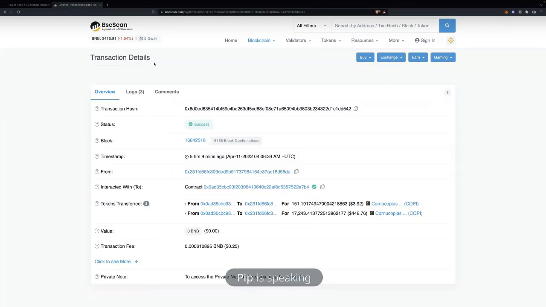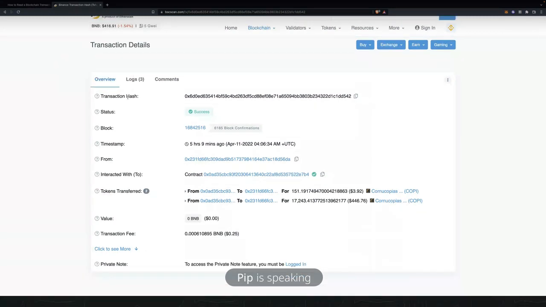Transaction details. Again, you have the transaction hash or transaction ID. That is the number that is unique to this particular transaction and nothing else. So if you look up this number, it will always bring up this transaction and nothing else on the blockchain.